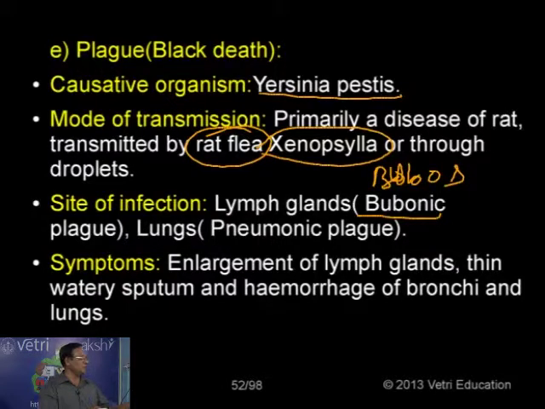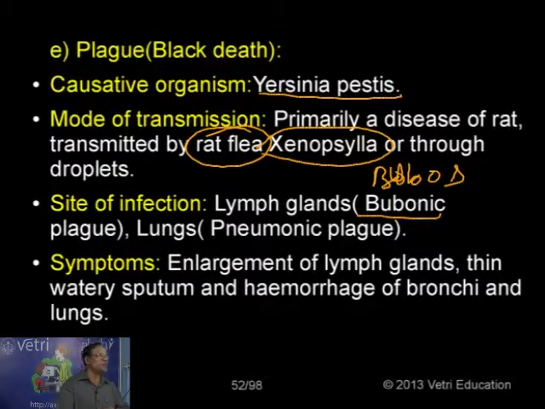But in pneumonic plague, the bacterium affects the lungs. There is a release of very watery sputum containing blood, because of the breakage of blood vessels in the bronchi, bronchioles, and lungs. As I mentioned, hemorrhage of the bronchi and lungs leads to black-colored blood, and that results in the death of the individual.